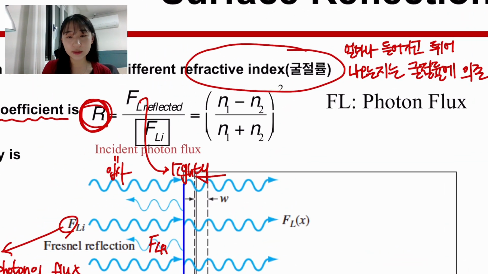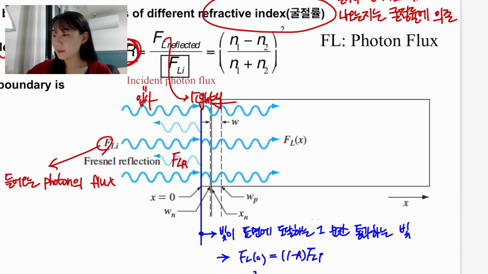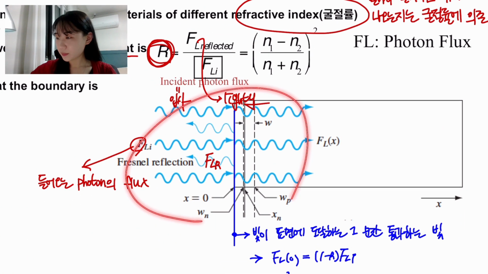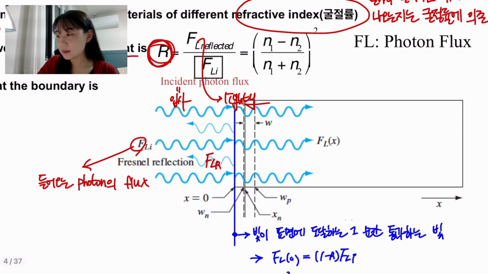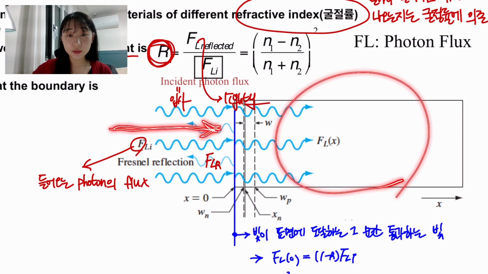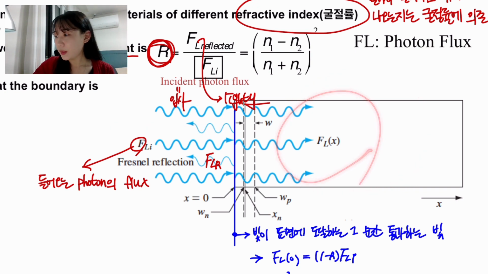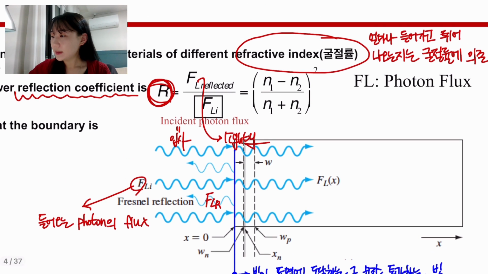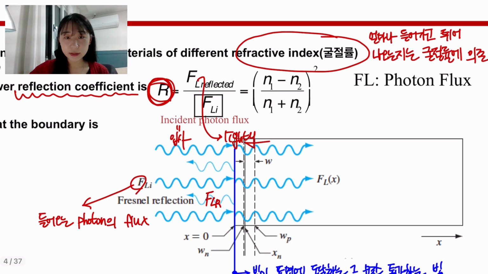Let's see this first. If the light goes this way to such a material, some of it enters the material and some of it is reflected. And how much energy goes in or is reflected depends on the reflective index.